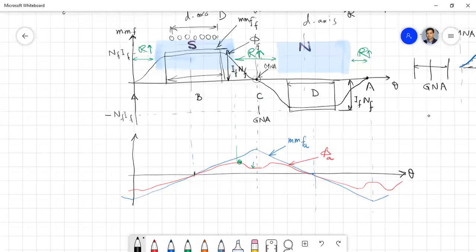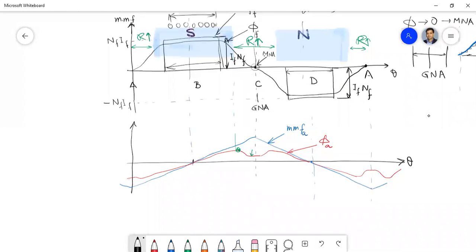Can you tell me in the next curve what is the MNA? For this curve, what is the MNA? B, the pointer B, where phi is 0. Okay, so these are the points for the armature curve.